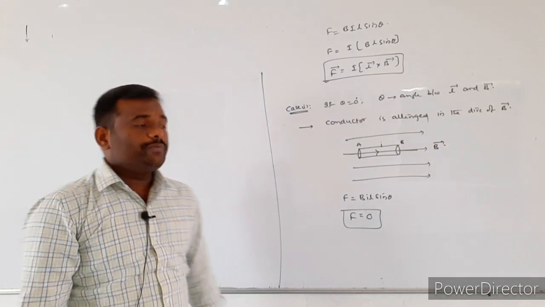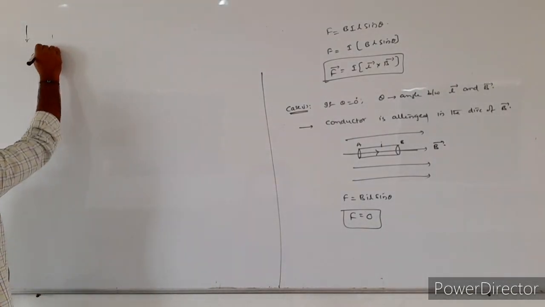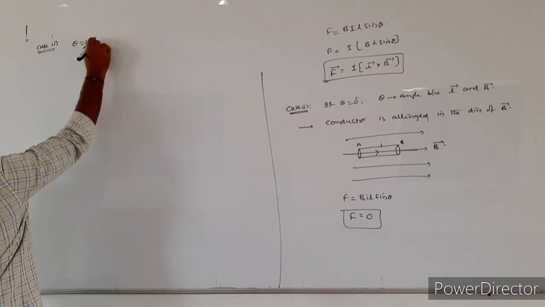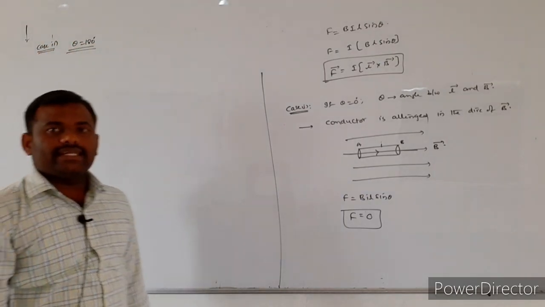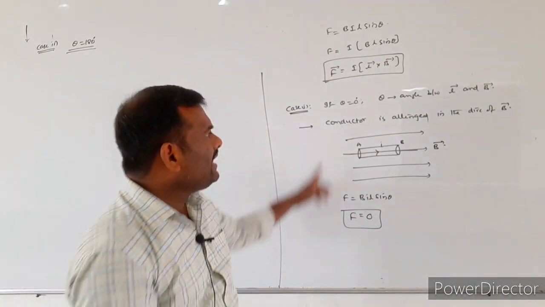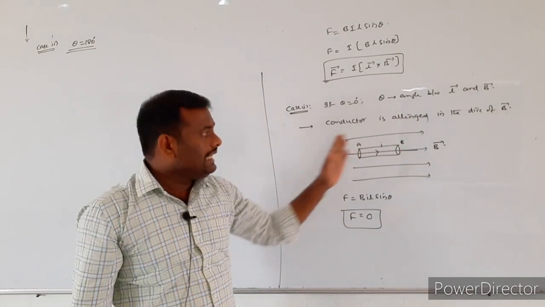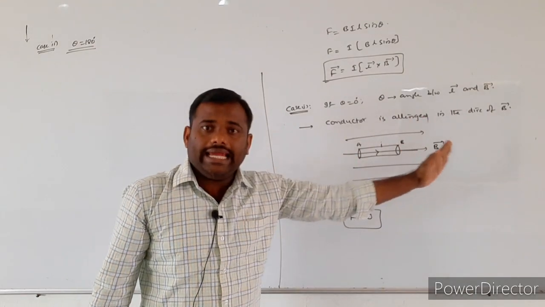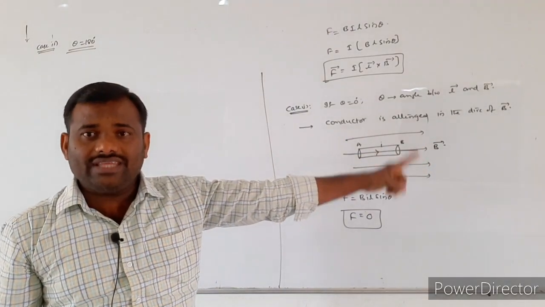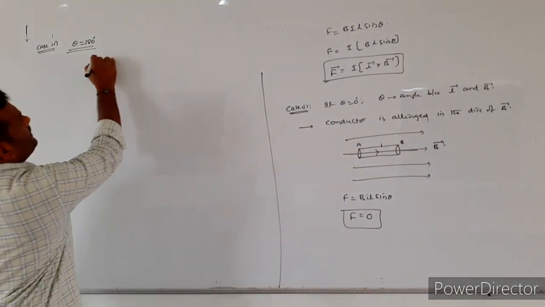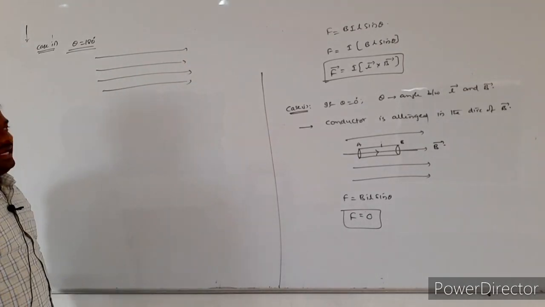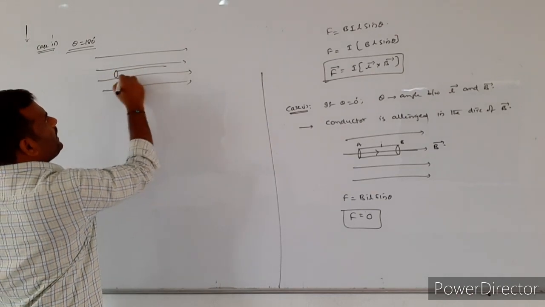Now, case 2. In this case, I consider theta is equal to 180 degrees. Theta equal to 0 meant the conductor is aligned in the direction of the magnetic field. Here theta is equal to 180, so the conductor will be placed like this.